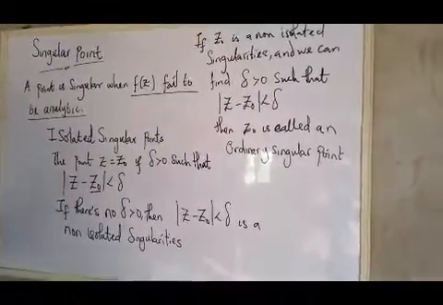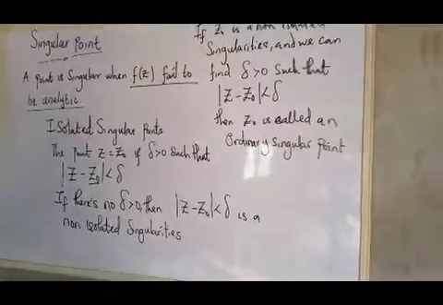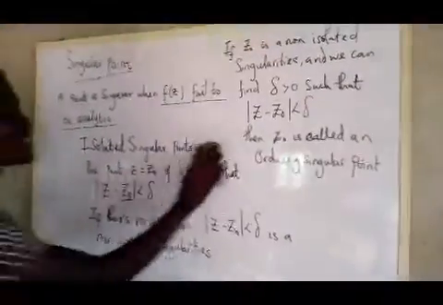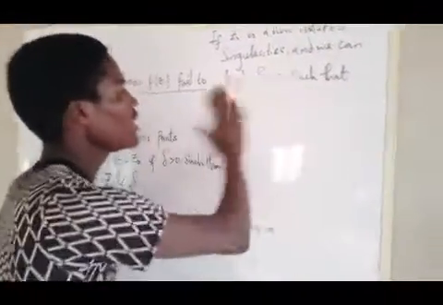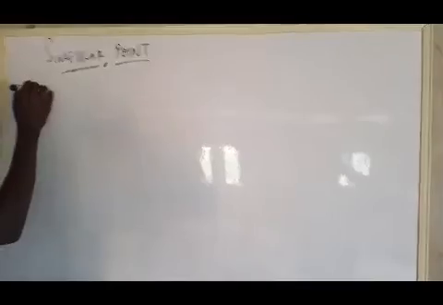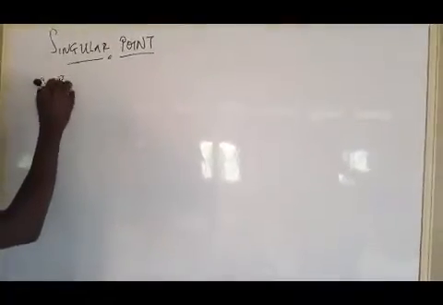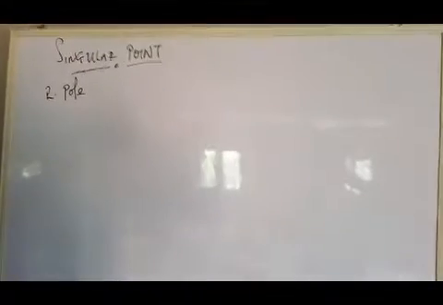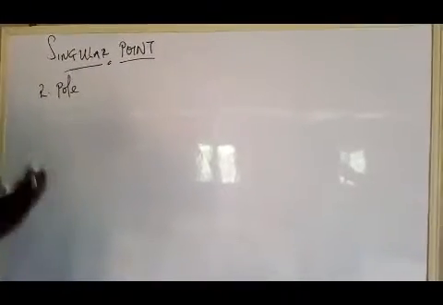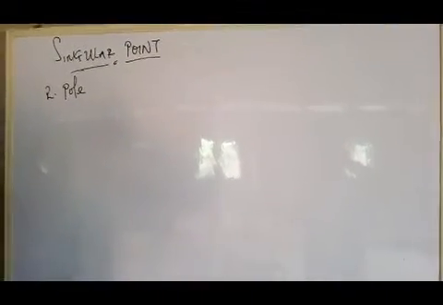So the second one, before we wrap up for today, is what we call poles. Now, when do we call a number a pole of order whatever?